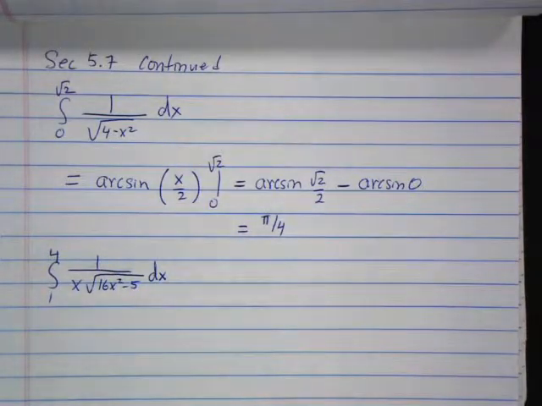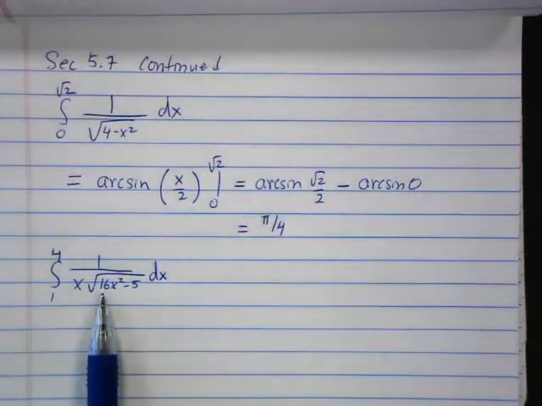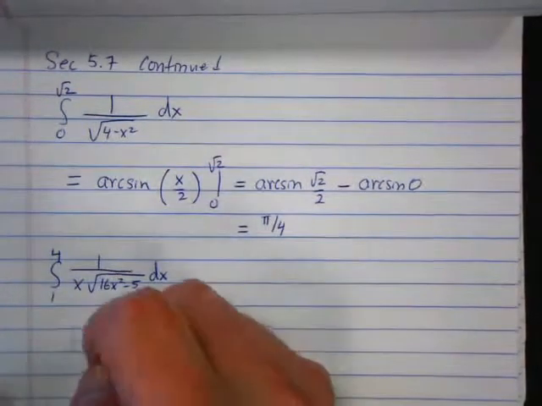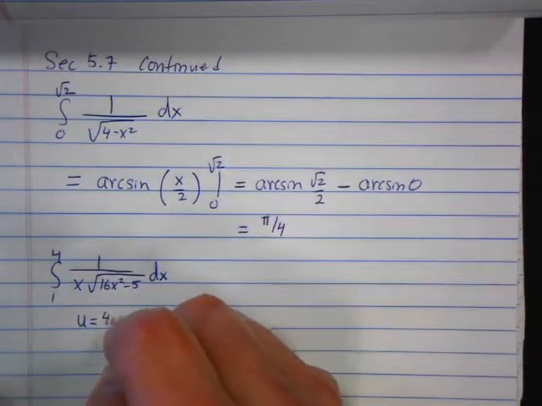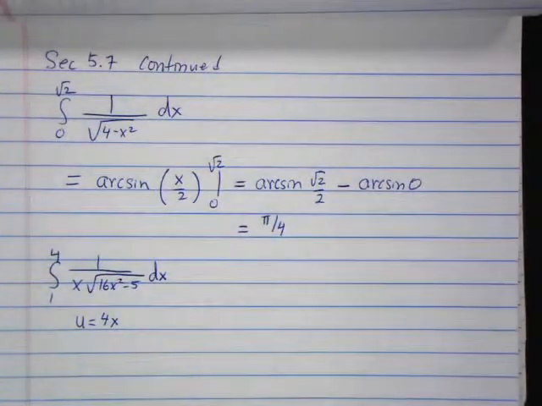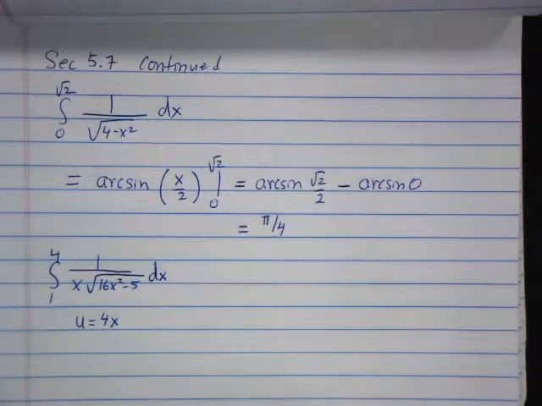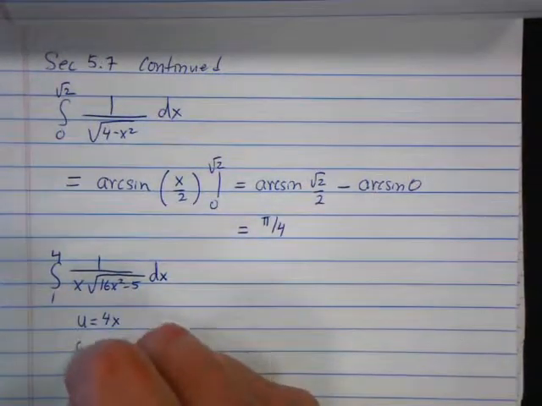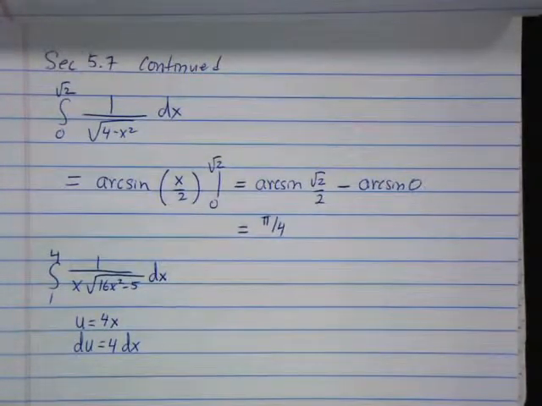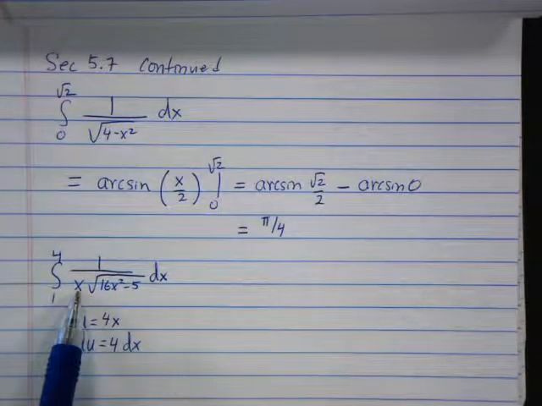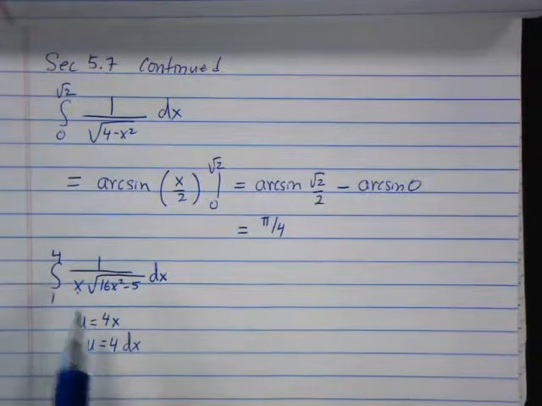The problem with this one is we can't have a 16 right there, so we do have to do a u substitution. So what's our u substitution? u equals 4x. So du is 4 dx. And then what am I going to do with this x right here? I'm going to solve.